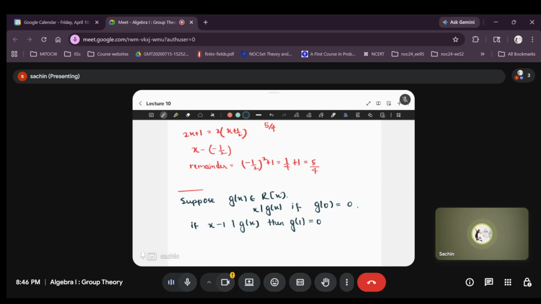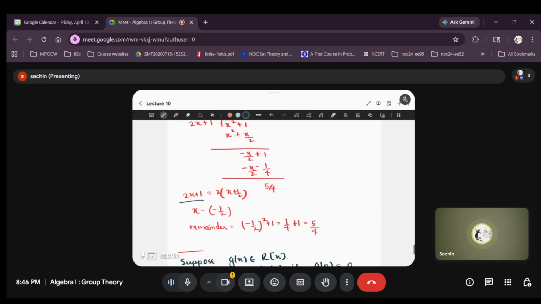What I mean to say is this: 2x plus 1 and 2 into x plus half. We don't consider them as separate polynomials and say that x plus half is a factor of 2x plus 1, because they differ only by a unit.